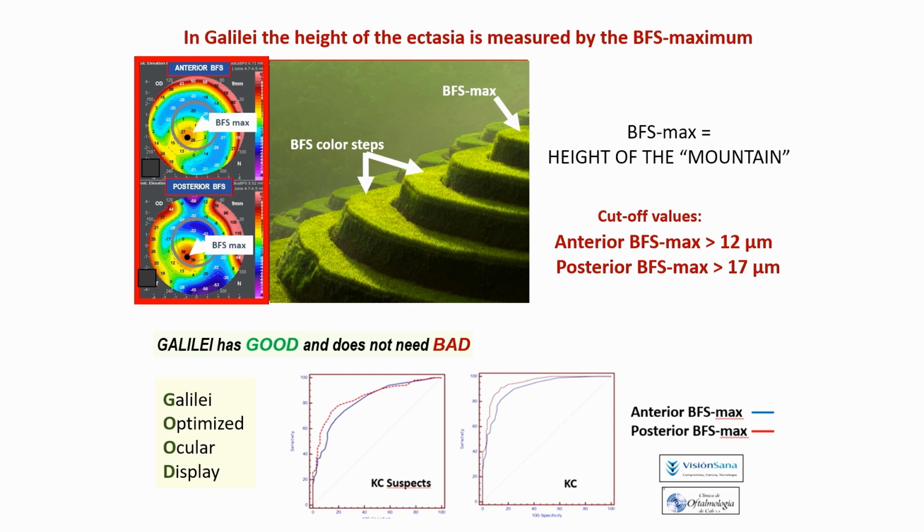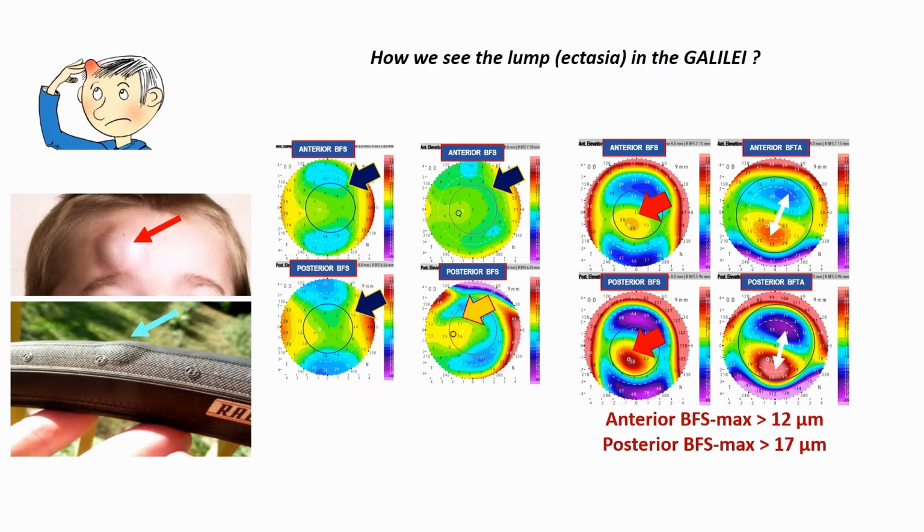Okay, the Galilei optimized ocular display, and we don't want to be so proud. We don't call it God. Galilei optimized display. And this is to make fun because many people believe that the BAD is the panacea and is enough to diagnose keratoconus or pre-keratoconus, as we are going to see now.